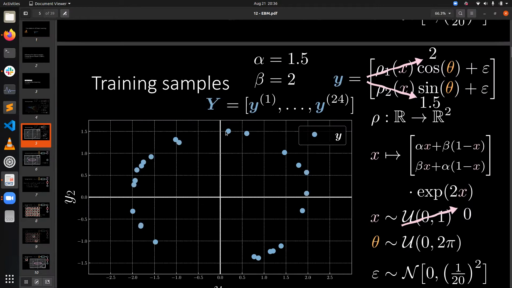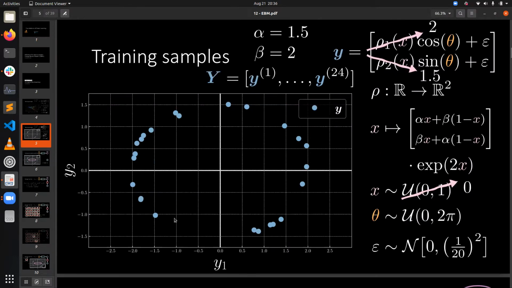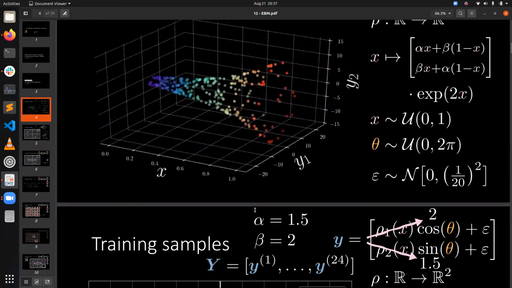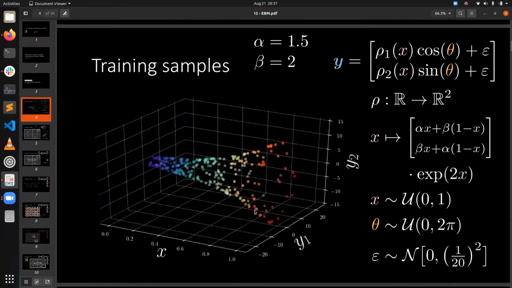And each of these points is like the manifestation of a particular value of the latent variable. So by varying the latent variable, you get something that looks like an ellipse. For a particular x, as you vary the latent variable, you get this ellipse-like structure. In this particular case, everything is known to us. The whole data generation process is known to us.